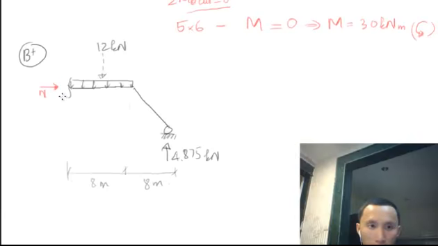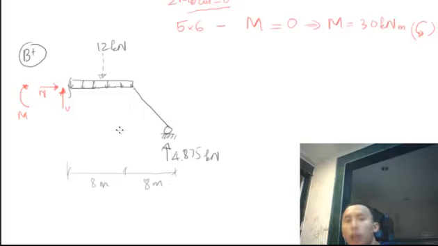Now V is going to be sliding on the cut, perpendicular 90 degrees with the section of the structure. So I choose V up. And moment, I'll choose this direction. Up to you. You can choose another way.